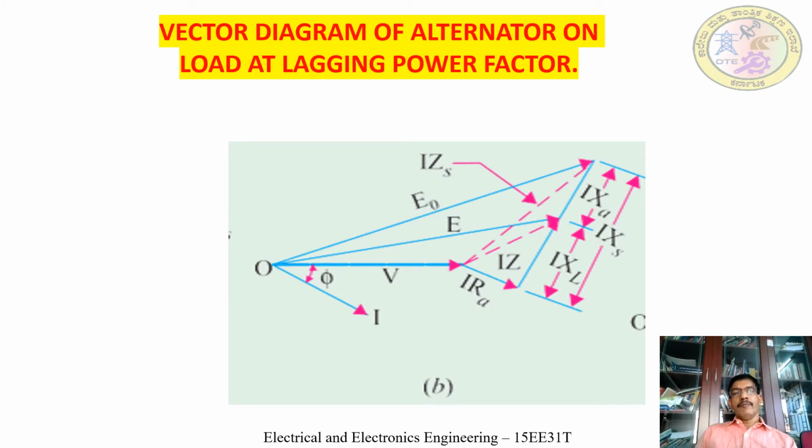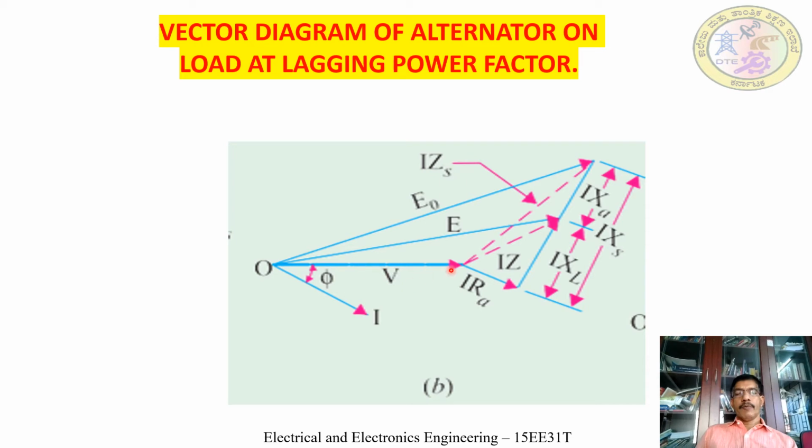Next, vector diagram of alternator on load at a lagging power factor. That means the load consists of inductive loads. Most of the loads in industries are lagging power factor. Lagging means current lags behind the voltage by an angle phi.